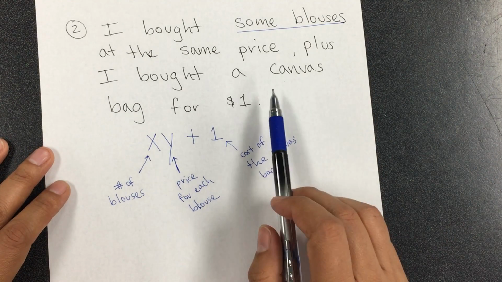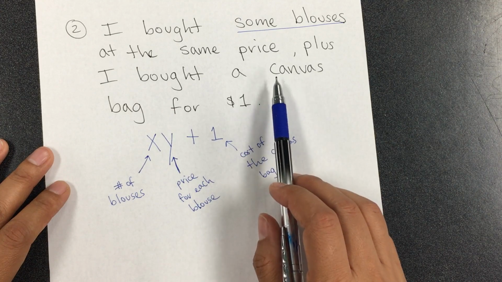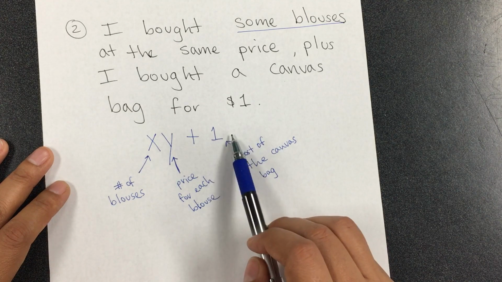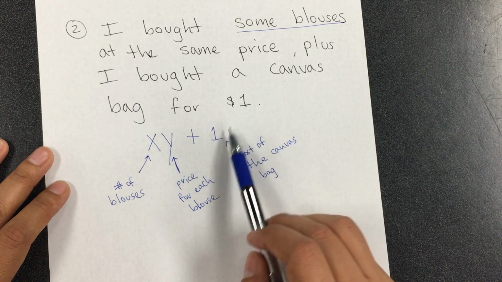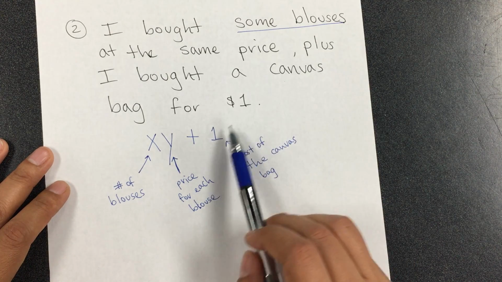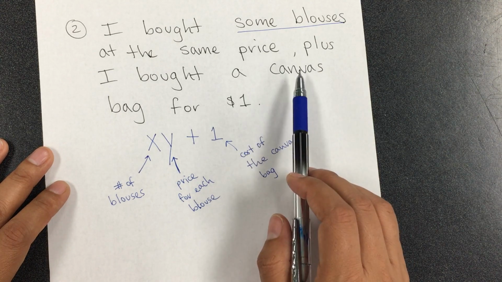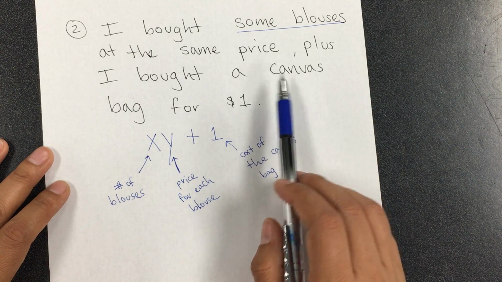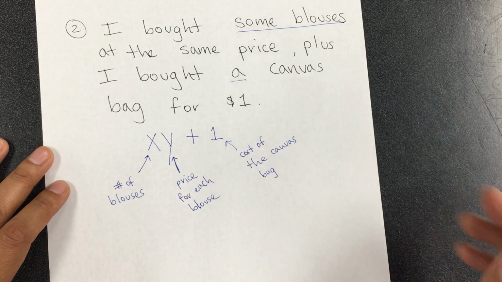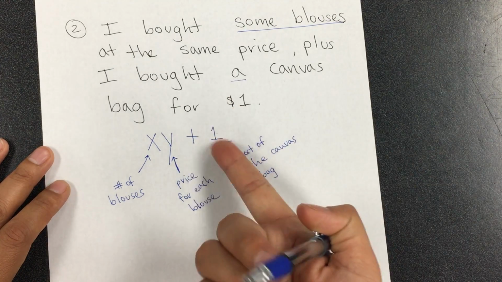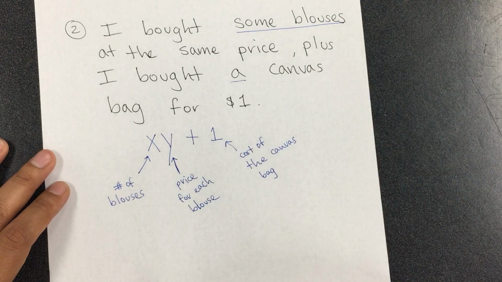Be careful, some people will say 1C and they want to put a variable in here. That means that we wouldn't know how many canvas bags we are buying. But in here it says a canvas bag means only one, so that's why we're only adding $1.